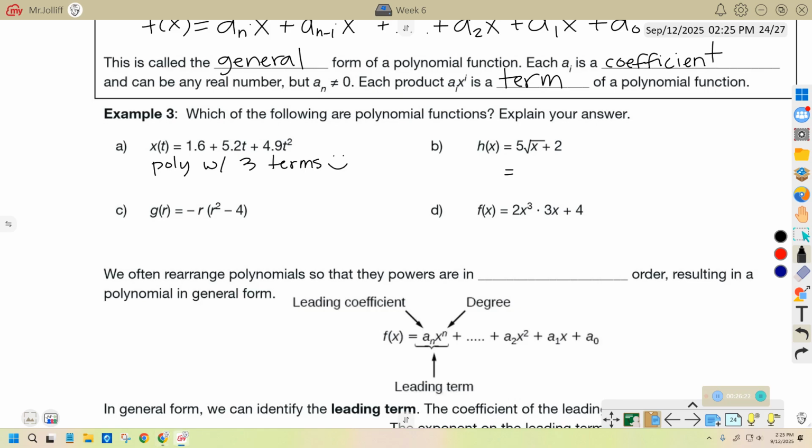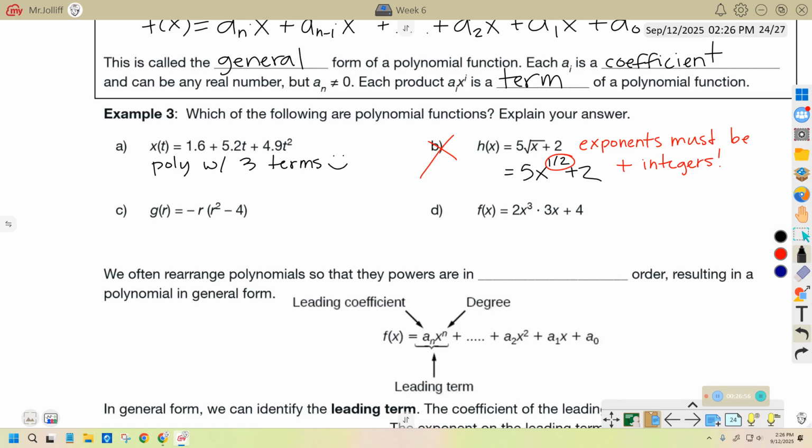And we know that square roots are fractional exponents. This guy fails the requirement that our exponents must be positive integers. 1/2 is not an integer. That's a fraction or a decimal. Good. Very good. This guy is not.